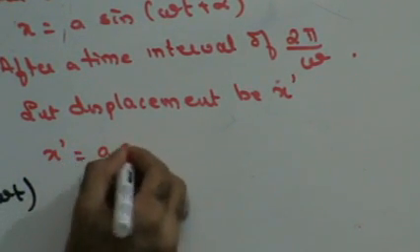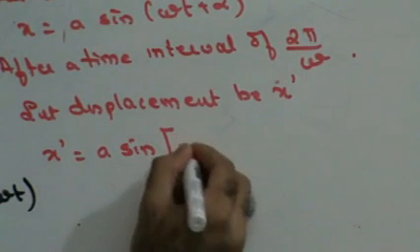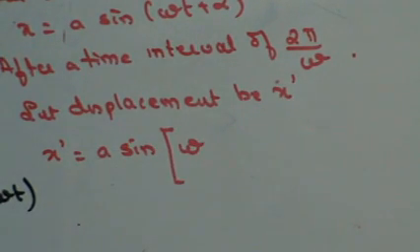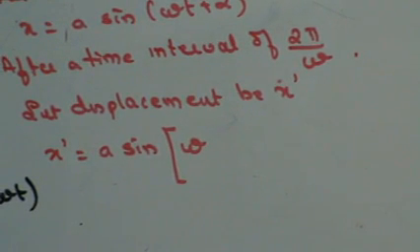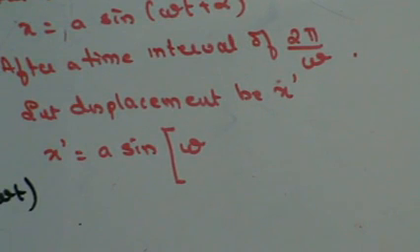x bar will be equal to A sine omega. After a time interval of 2 pi by omega, my time will be t plus 2 pi by omega. I already had displacement at time t, and now I am moving ahead in time by 2 pi by omega.